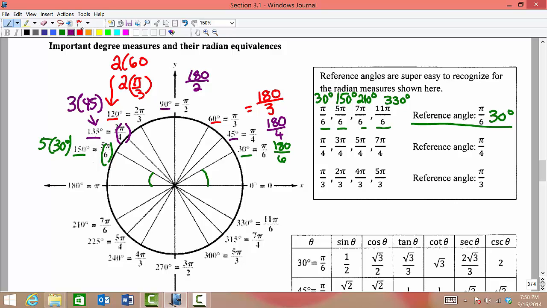And we have the same thing when it comes to 45-degree angles. So our reference angles for 45 degrees, now we're going to call that, instead of the 45-degree angle family, the pi over 4 family.